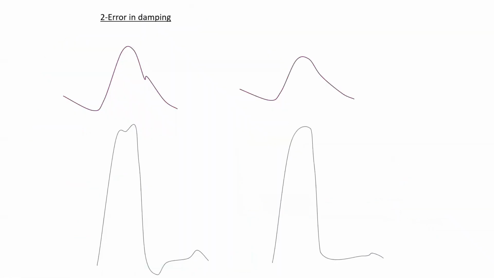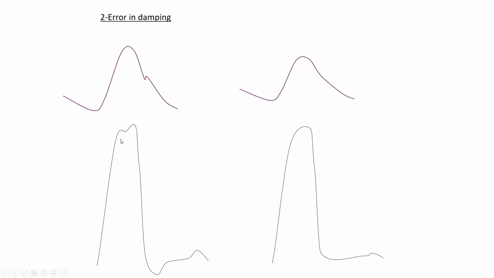The second error, and the more difficult to correct, is this one, the error in damping. I will just explain here what damping means. And here I'm talking about damping in general, not damping when you engage a coronary artery. General damping in catheter recordings. So this is an aortic pressure. It has a nice upstroke and it has a nice dicrotic notch.